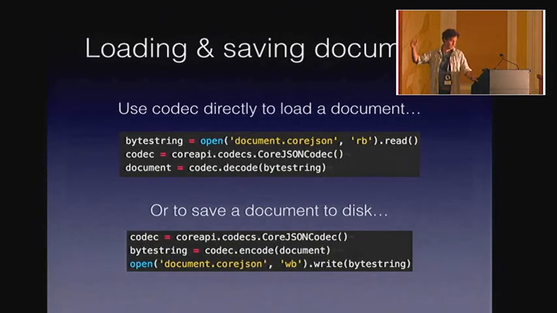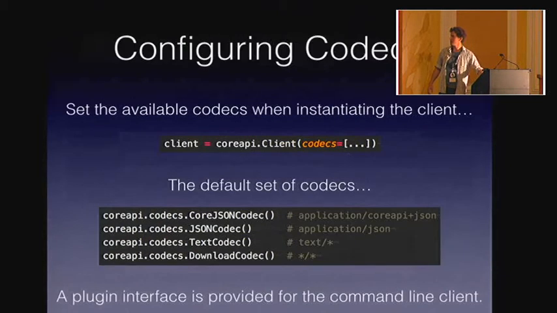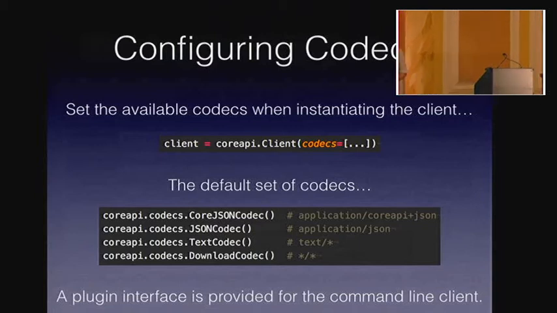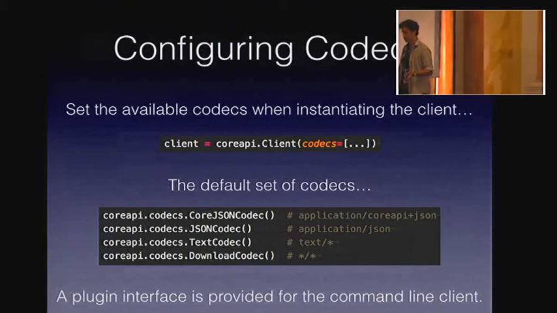I'll just have a bit of a run through of some of the more advanced things that you can do with Core API. You can load and save documents directly by using one of the codecs. We can configure the client in various different ways in order to allow us to interact with different kinds of APIs.